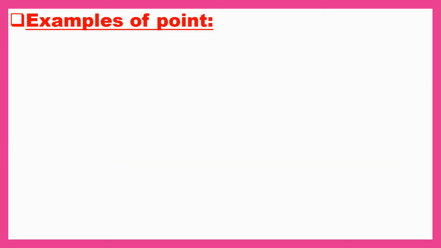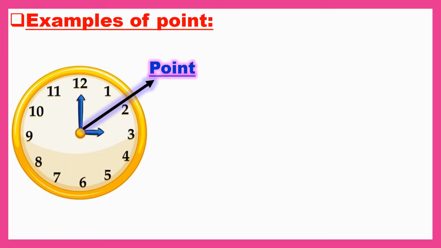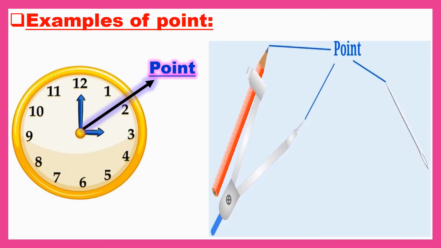Now next, students, can you think of some examples of point? Think a little bit. Okay, let me tell you some of the examples of point are: center of a clock, tip of the pencil, compass or a needle, etc.